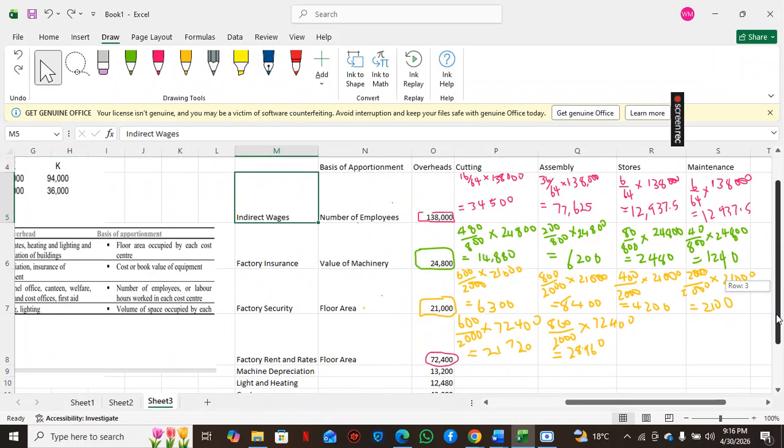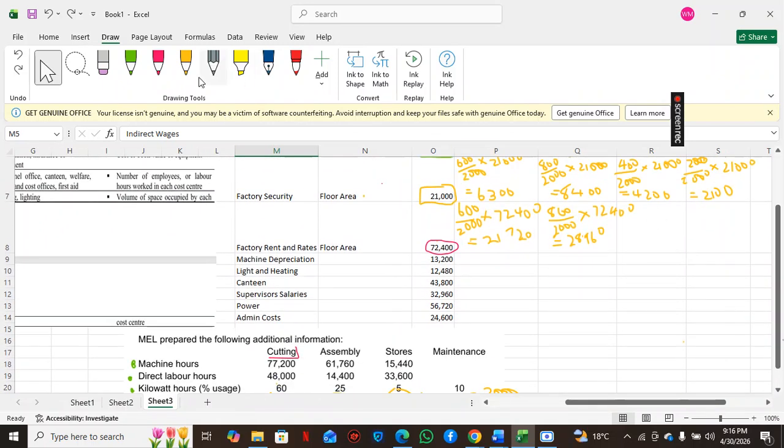We're going to say 400 over 2,000 times 72,400. No, it's good you're calculating, madam. 14,480.